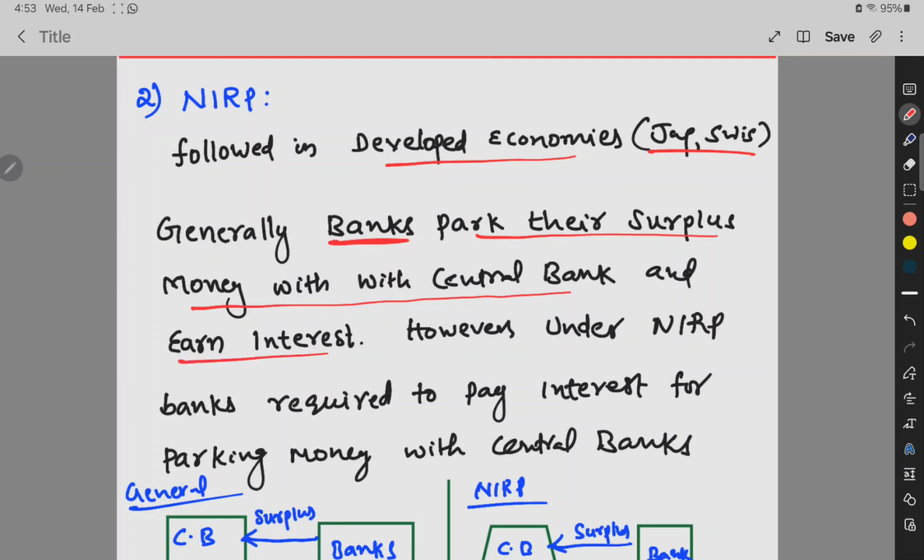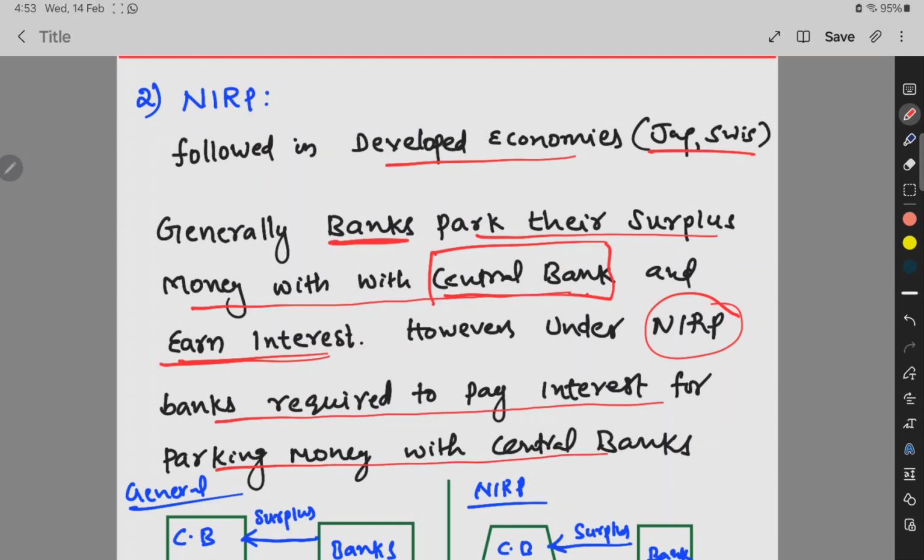In the market, interest rates are very low, so if banks give loans to people, they may not get proper interest. So they park the money with the central bank, in India the RBI, in the USA the US Fed Bank, and earn the interest. However, under the negative interest rate policy, banks are required to pay interest for parking money with the central bank.